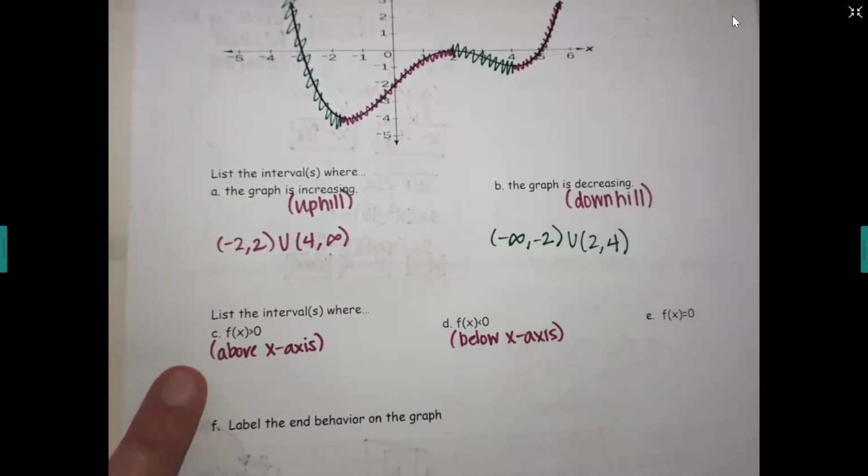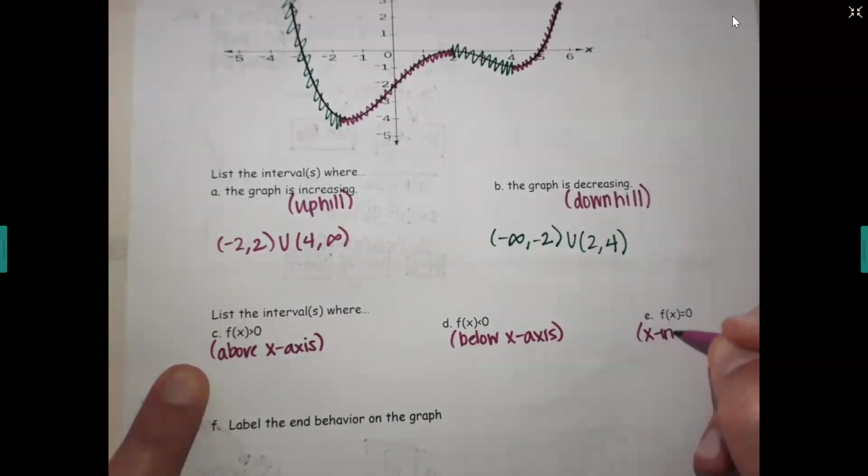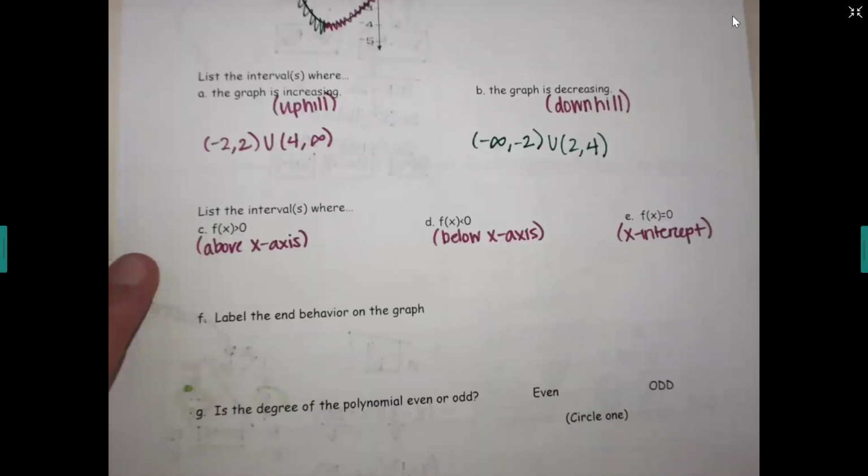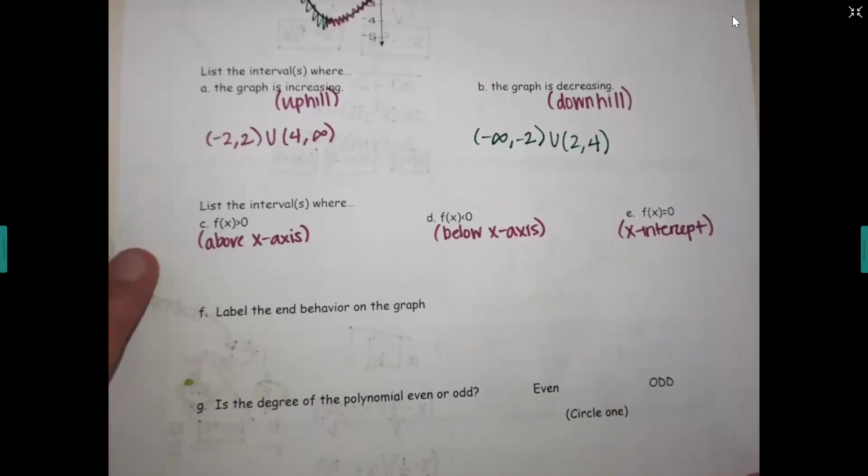Your graph will equal 0 when it crosses the x-axis. So I'm going to write for that x-intercept. Okay? So greater than 0 means above, less than 0 means below, equal to 0 means that it touches the x-axis.